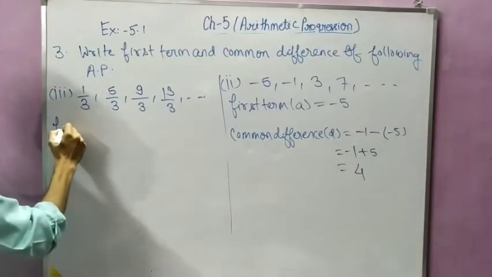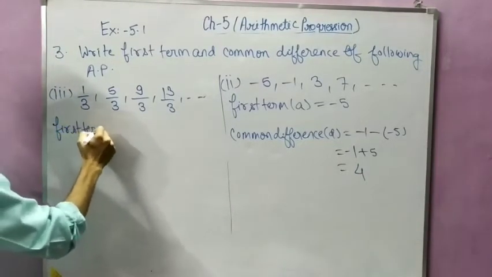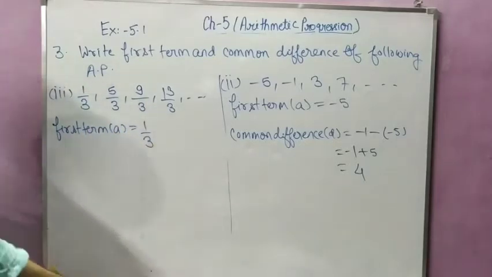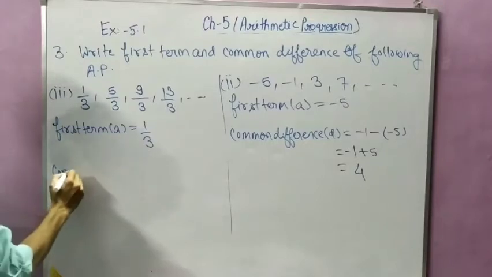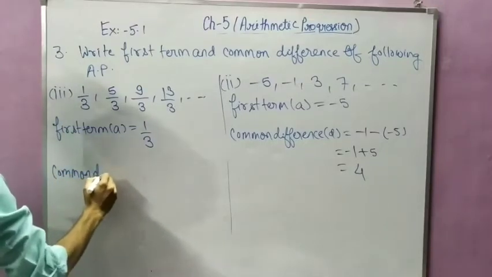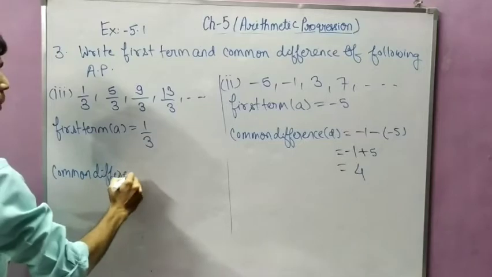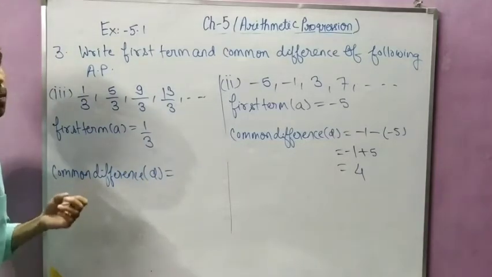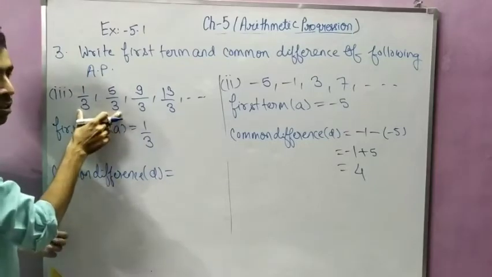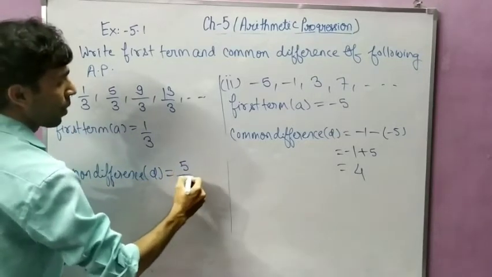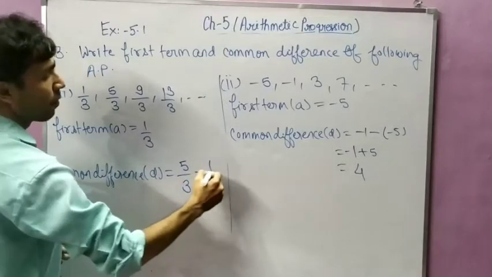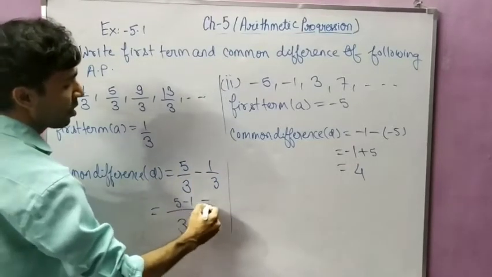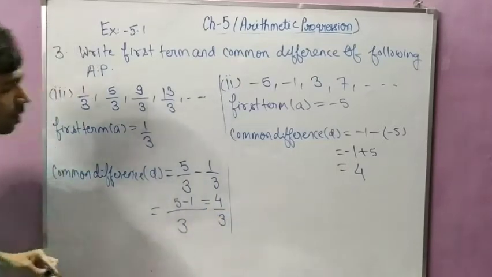So first term, that is A, which is equal to 1 by 3, and common difference, that is denoted by D, and we have to take the subtraction of two terms. I am taking these two terms, so the subtraction will perform like this manner: 5 by 3 minus 1 by 3. So LCM will be 3. So 5 minus 1, which is equal to 4 by 3.